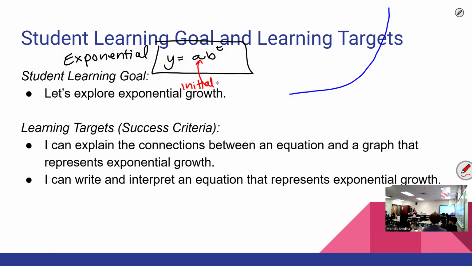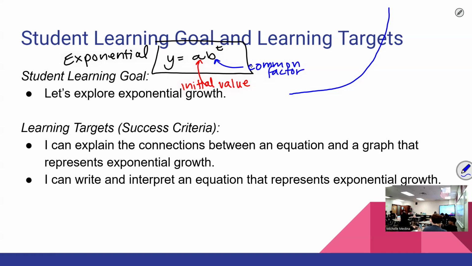If we're talking about number of people that have a cold, patient 0 would have been the first patient, right? That's what we're starting with, and it's always what's being multiplied by a different number that has an exponent attached. That number that you are multiplying by, we call it the common factor.